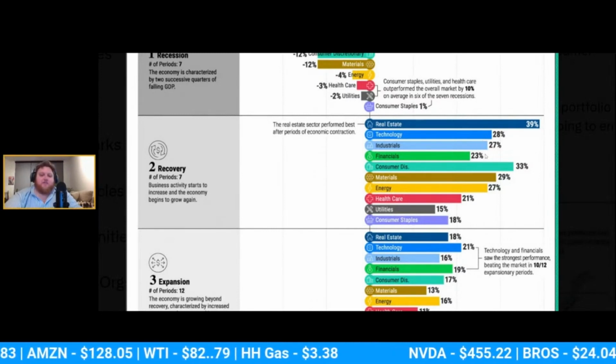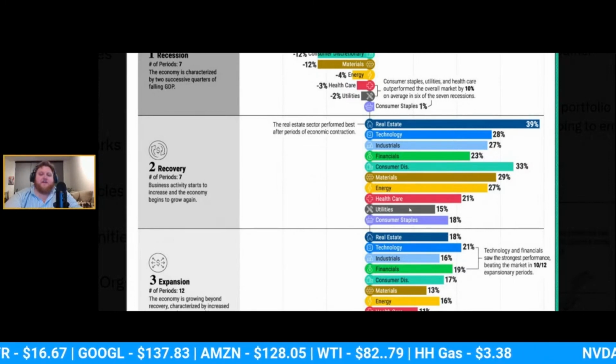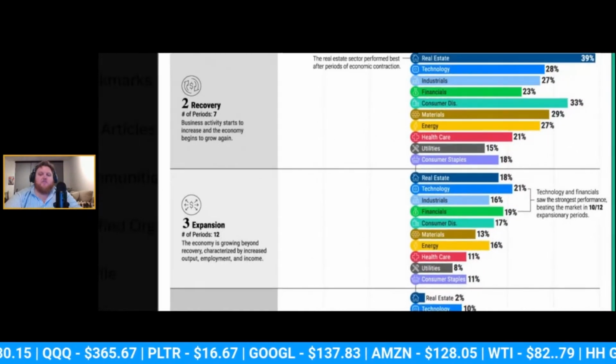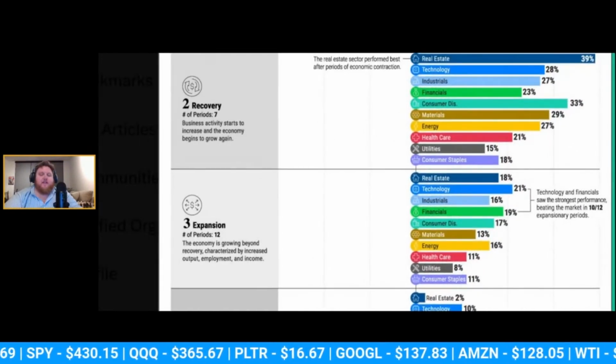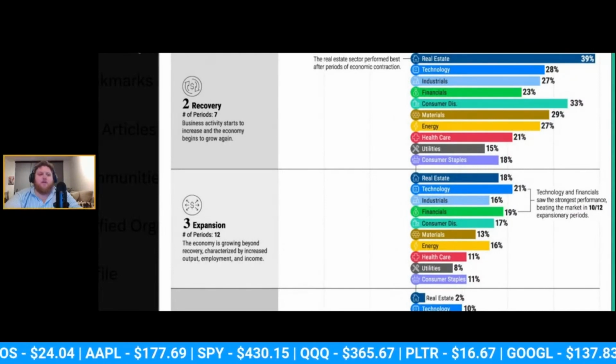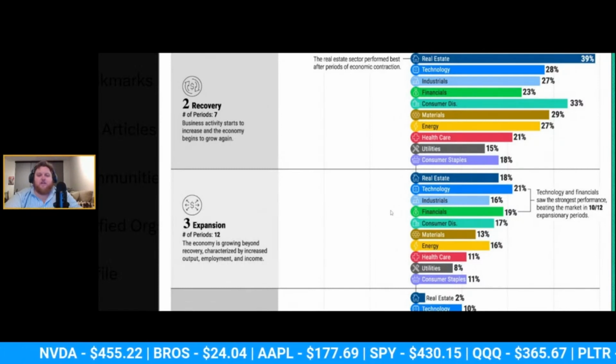It's not as cyclical per se. Utilities are kind of there with that. Energy is also up about 27% during these recovery periods, and that's probably because more growth is happening in the economy. With that, you'll have businesses growing, so you'll have to fuel it a little bit.